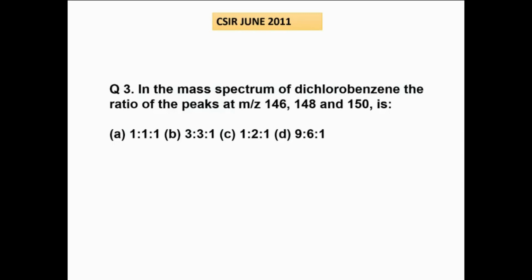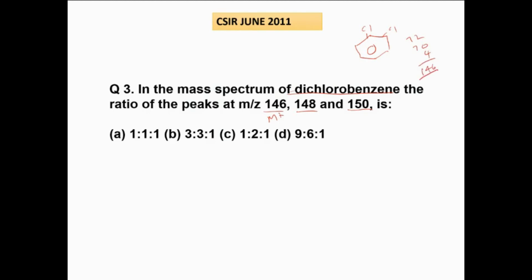In the mass spectrum of dichlorobenzene, the ratio of peaks 146, 148, 150 is asked. 146 is M plus. You can calculate it yourself. Dichlorobenzene can be ortho, meta or para, which we don't need. We have already seen 72 plus 70 plus 4, so it is 146.